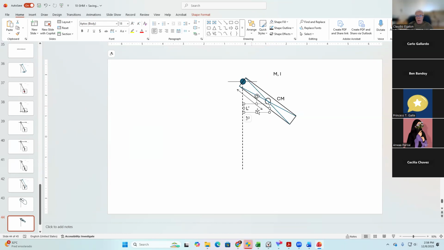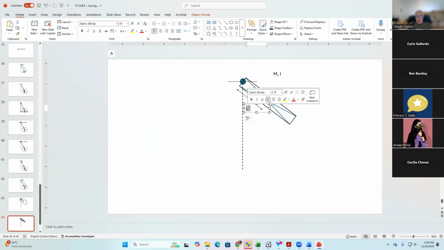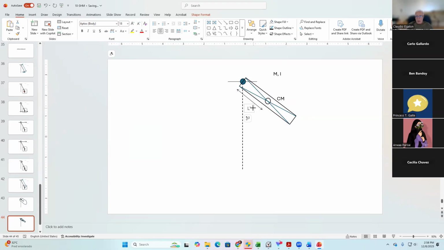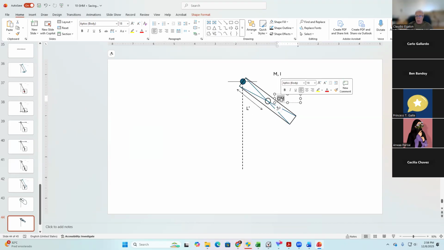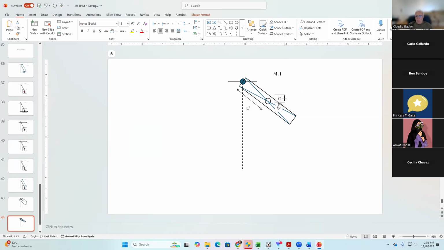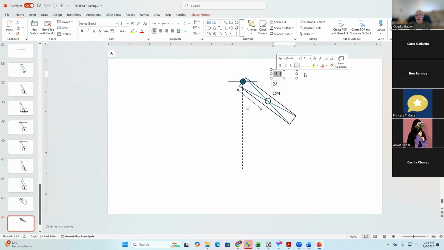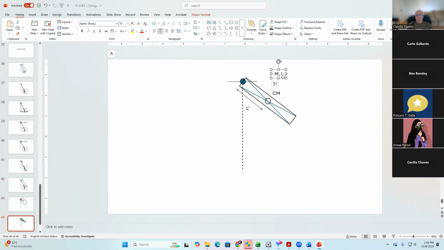And that's the L prime here. Okay, the rigid body, this strip, this rectangle has a mass capital M and moment of inertia I. Okay, that's a more specific rigid body.